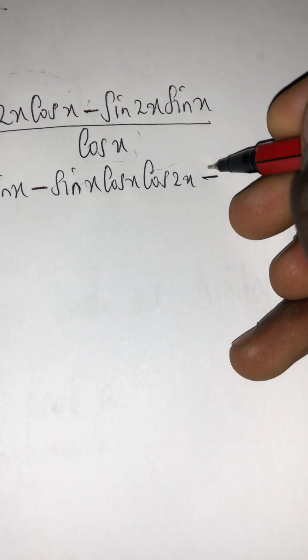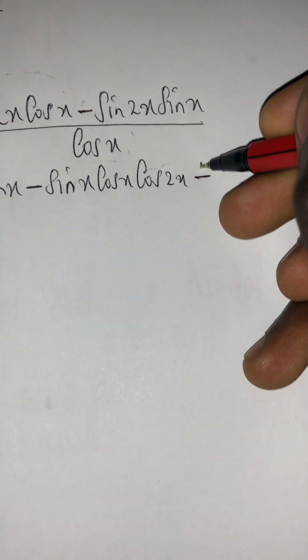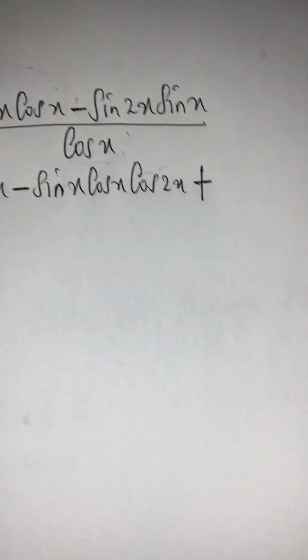Then minus, mind you there is minus here, negative multiplied by positive, same as negative multiplied by negative, that is positive. So I'm going to have plus there.